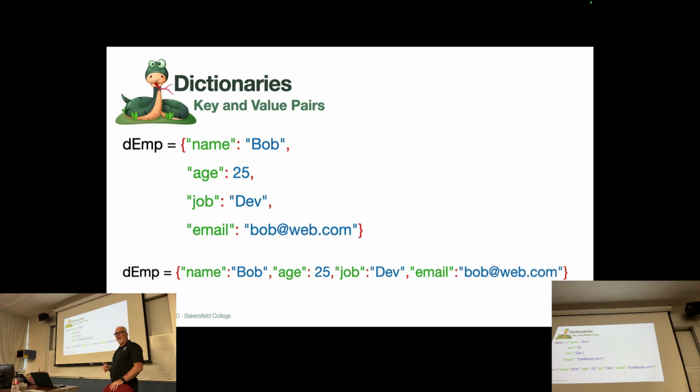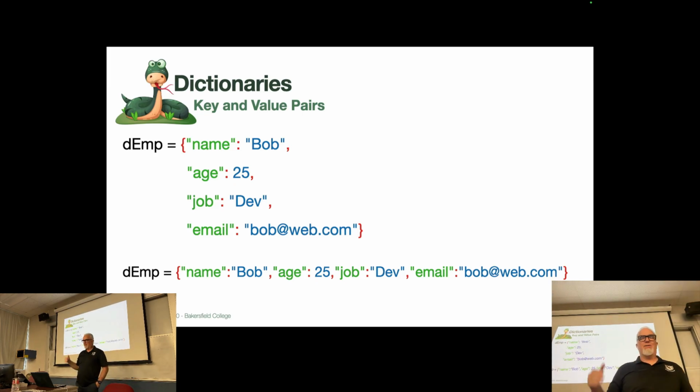Because if you have a lot of items in the dictionary and you type it all in one line like this, it can get kind of confusing. If you just have a few, this works fine. If you have a lot of items or you really want to see what's what, the upper example might be preferable.